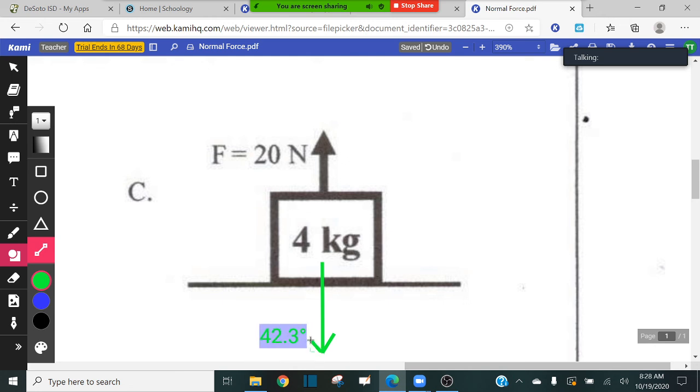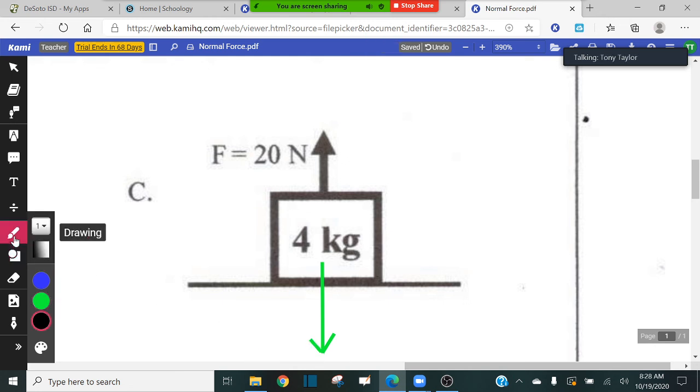Okay. What is the magnitude of the force of gravity here? Remember, force of gravity, we're going to use the equation mass times 10. So the block is 4 kilograms. That means the force of gravity here is 4 times 10, which is 40 newtons.